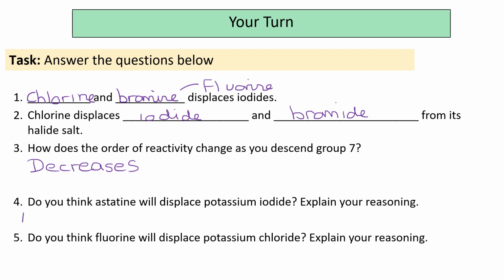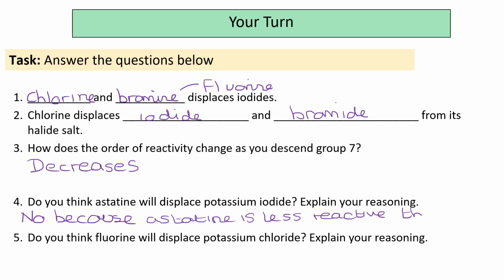So we can write no, because astatine is less reactive than iodine. Notice how I'm using the word because, as I'm asked to give a reason. An explanation is giving reasons for.